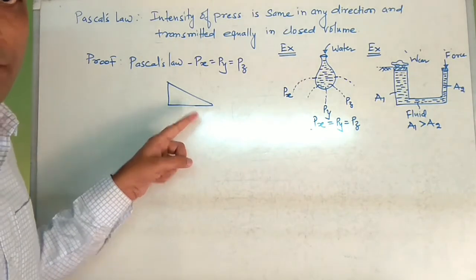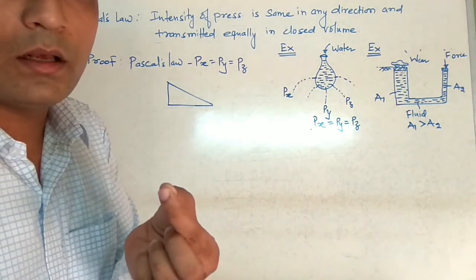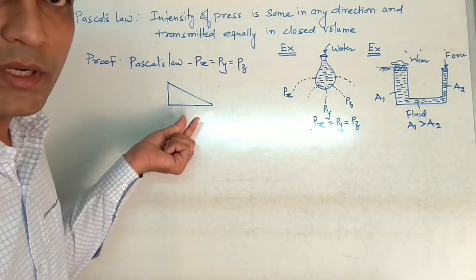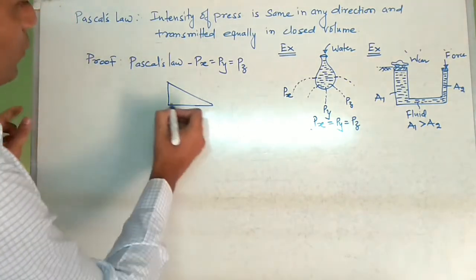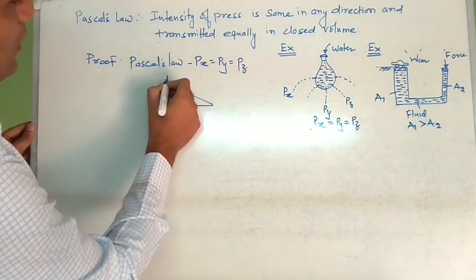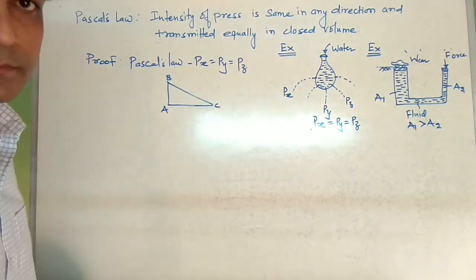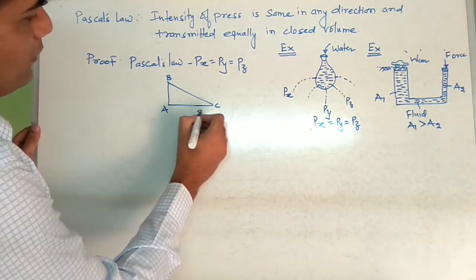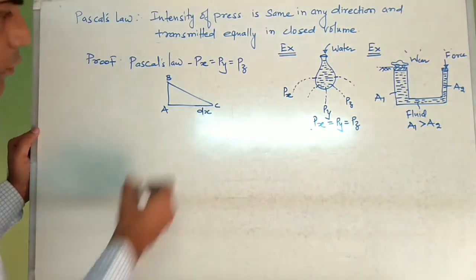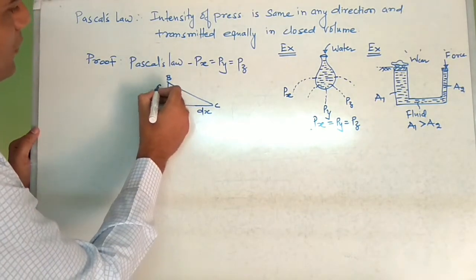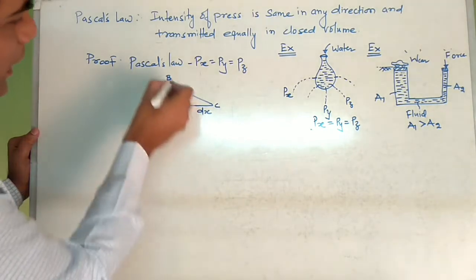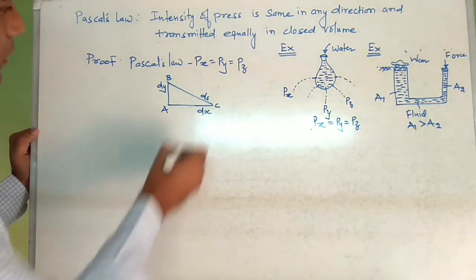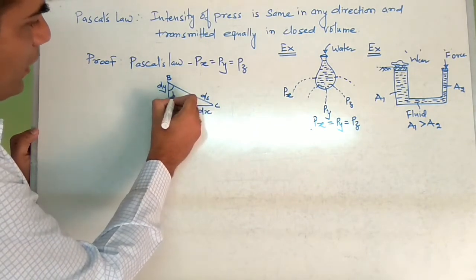A fluid element is a simple liquid drop, but Pascal has taken that fluid element in a triangular shape. We give the names A, B, C. This horizontal side is dx, the vertical side is dy, and the inclined side is ds. This triangle has an angle theta.